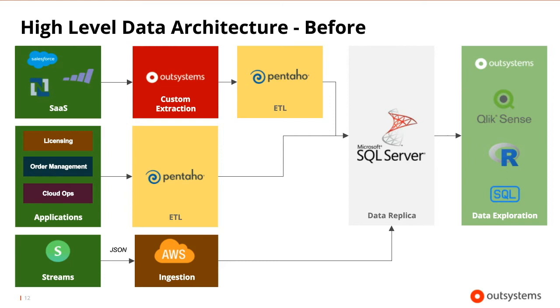This was a SQL Server database hosted on Amazon. We also had separate Pentaho processes doing traditional ETL, as Taylor just mentioned, going into the databases that support our own applications and moving that data to our repository. We then did exploration with Qlik, just SQL querying.